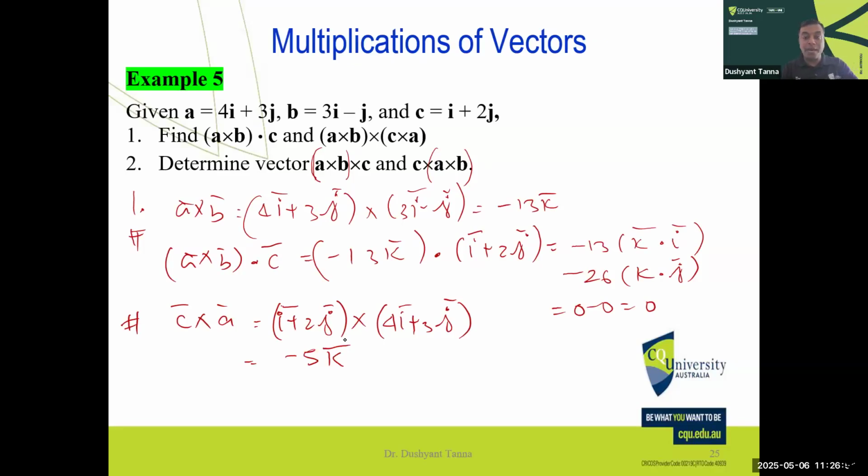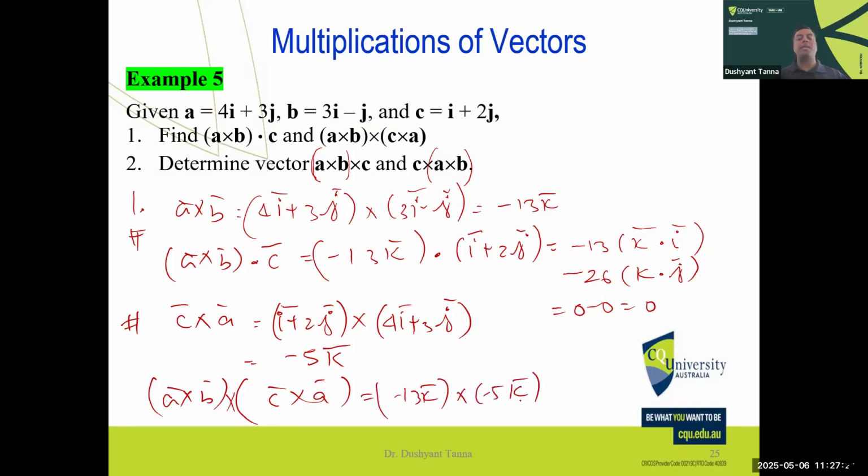Yeah. Now I'm going to have A cross B cross C cross A. This is outside, not inside. Okay, so that one is minus 13k cross minus 5k. k cross k is a zero vector.